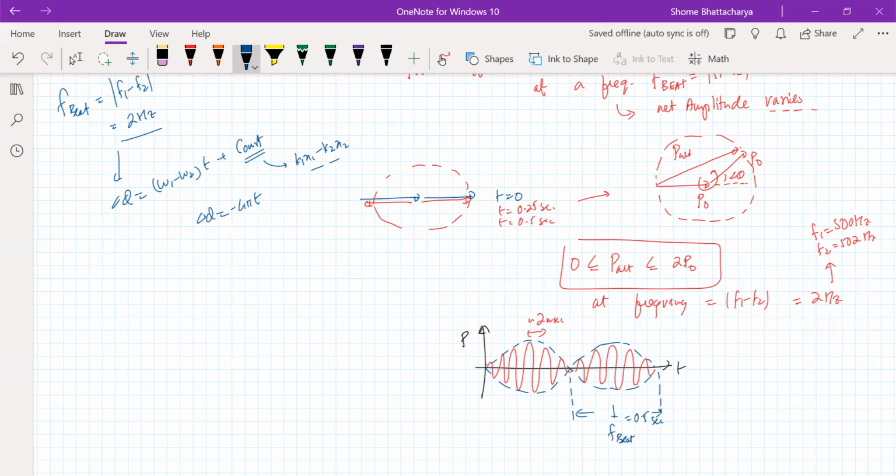So there is variation of loudness. If we compare this with P1, which was P naught sine omega 1 t, that was a uniformly loud pressure variation. So the amplitude was uniform.